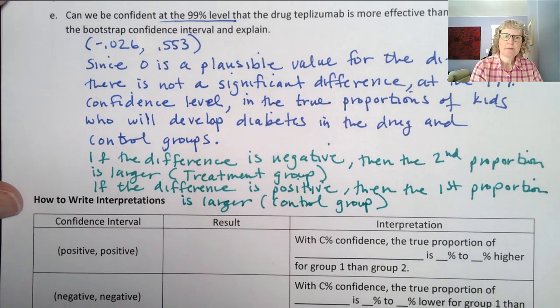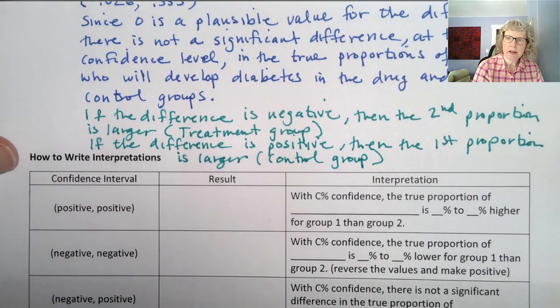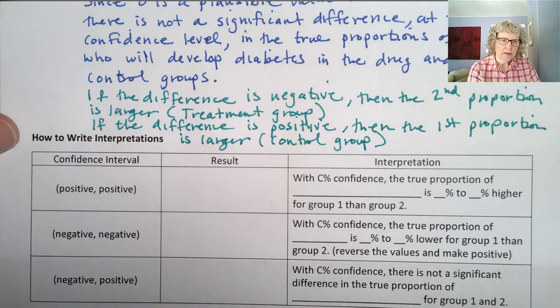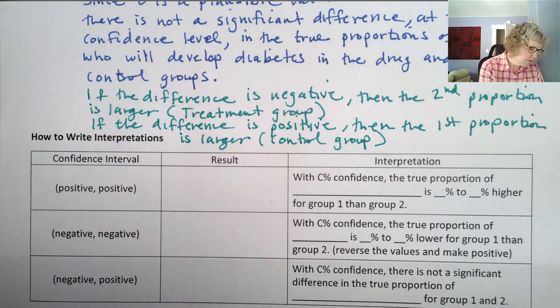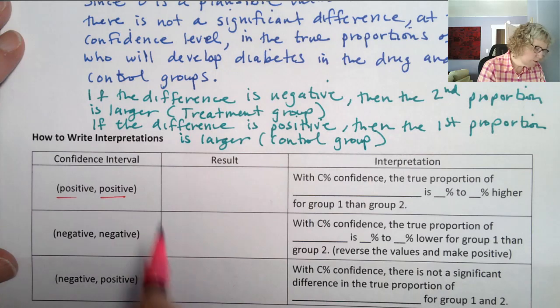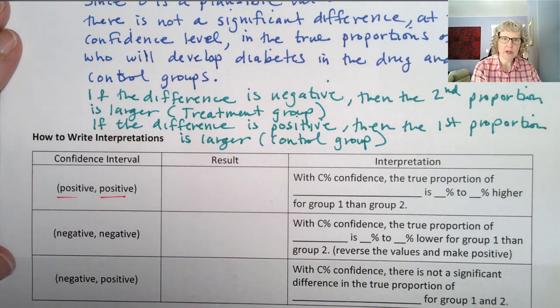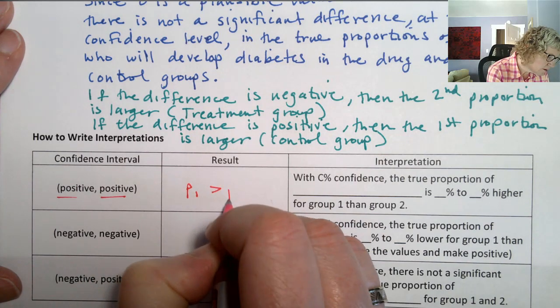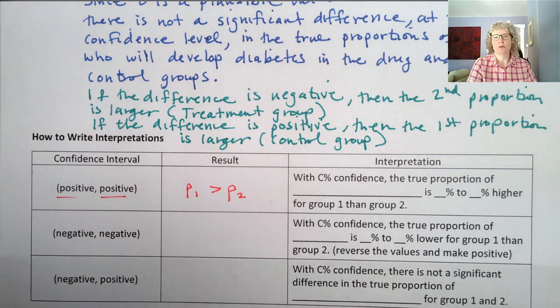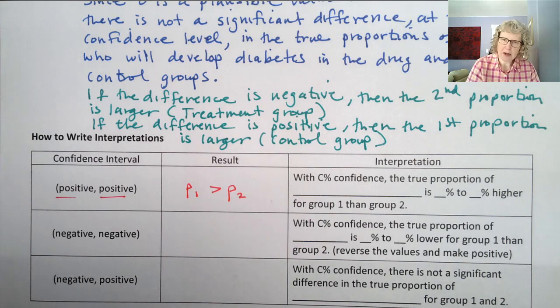Great, so I hope it helps to see that in terms of this example. So let's write out, as you're probably gathering, there are three different possible directions. We could have positive to positive, which was like the first one we got. In that case, P1 is greater than P2. I'm just going to use the 1 and 2 for now, but it could be whatever letters we're using.